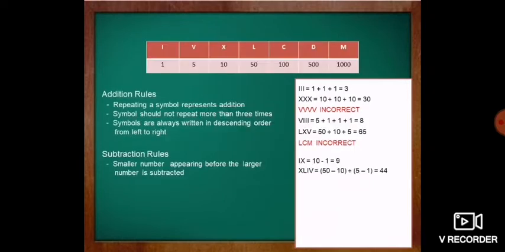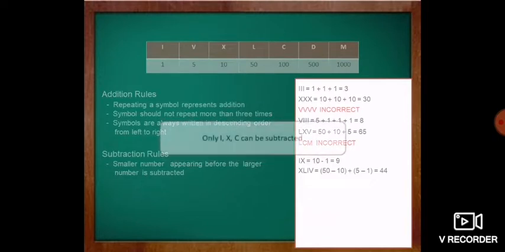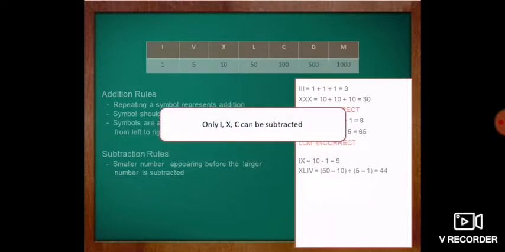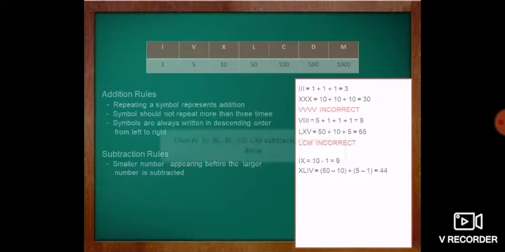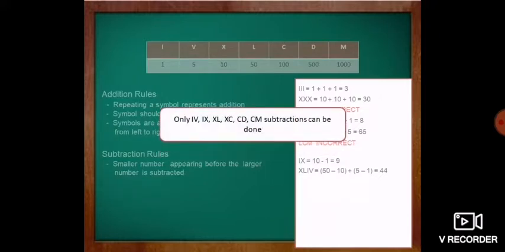Next rule says only I, X and C can be subtracted. That is, you can only subtract 1, 10, 100. Another way to look at this rule is that you cannot subtract V, L, D. That is, you cannot subtract 5, 50, 500. Next rule is continuation of the previous rules. Only IV, IX, XL, XC, CD, CM subtractions are allowed.